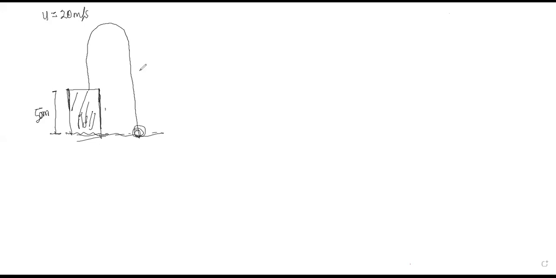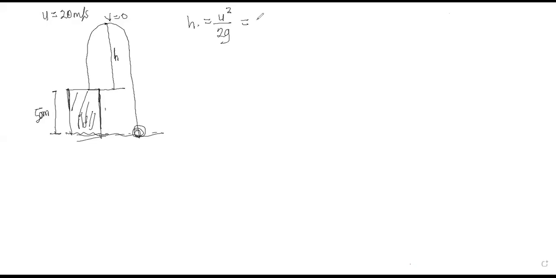The maximum height is from where it was thrown to the point where its final velocity is 0. So this becomes the maximum height h. So h max is equal to u squared over 2g.